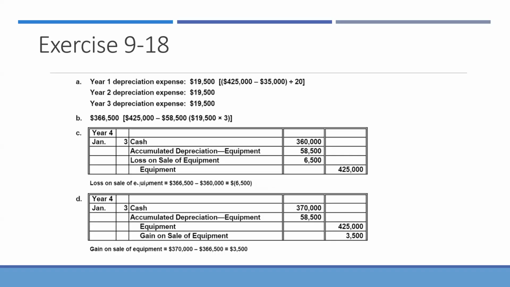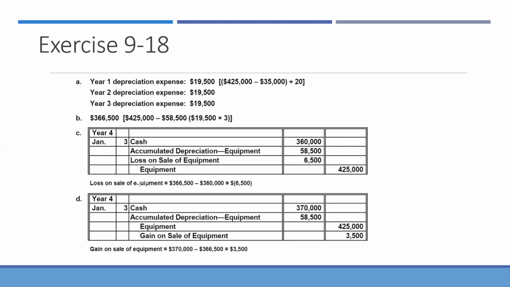So in each of the first 3 years, we have 425,000 minus 35,000 to get our depreciable base, divided by 20 years, 19,500 each year. Then we have our net book value of 366,500 because we had 58,500 in accumulated depreciation. We're selling it at the beginning of the year.